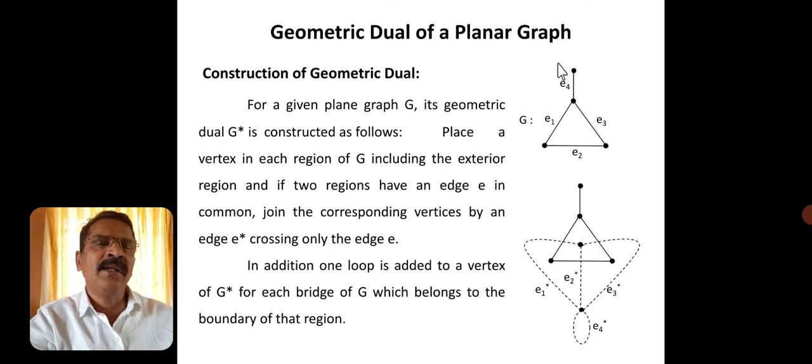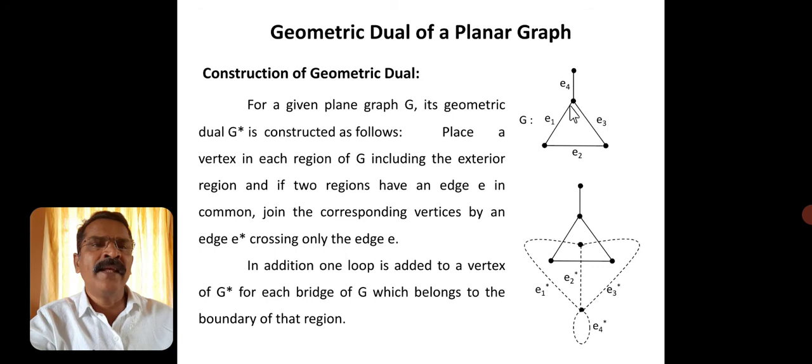See, for example, in the graph G, E4 is a bridge. So this E4 lies on the boundary of the exterior region. For this reason, for this edge, you have to put a loop at the vertex corresponding to the exterior face.